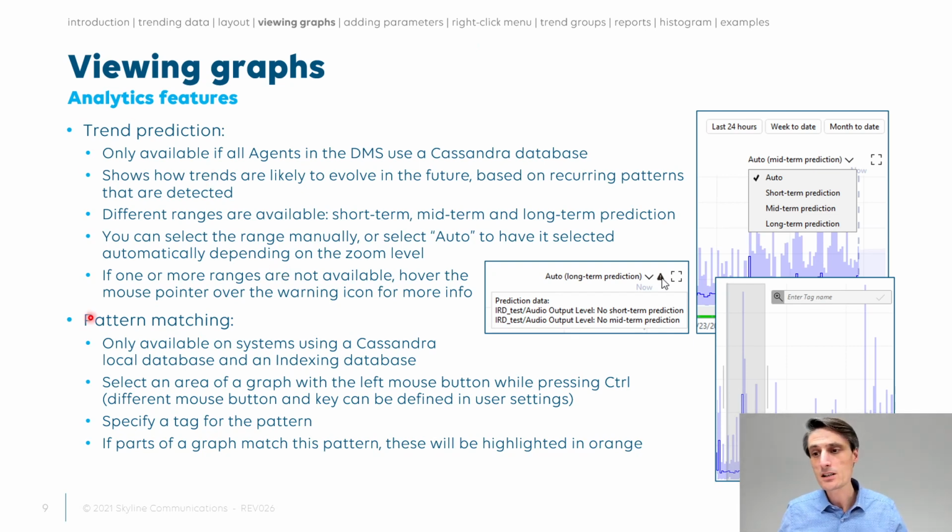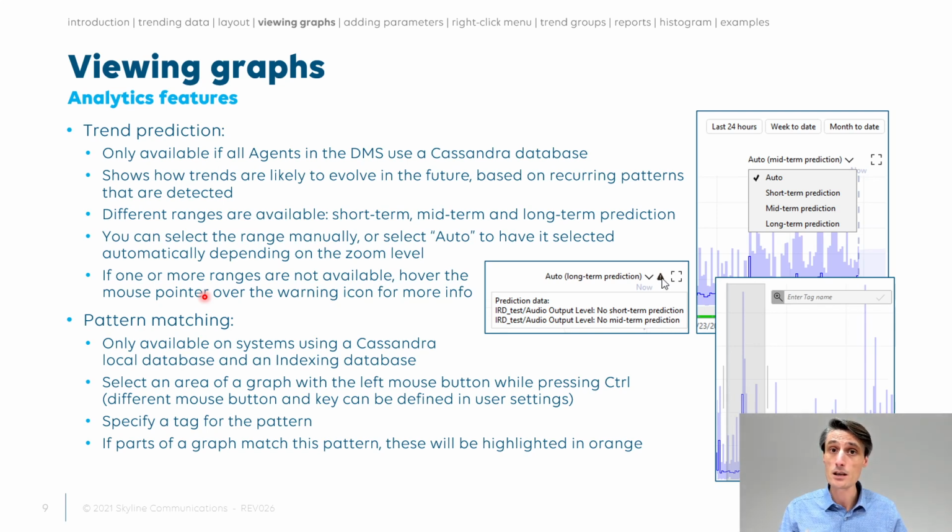Next to the trend prediction, I also want to mention something rather new. That's the pattern matching. The pattern matching allows you to select a specific part of your trend graph and to put a label or a tag on it to say like, okay, this is for instance an event happening, something like a backup that was running in there, or a sports event that was starting in my system, or some maintenance that has been done.